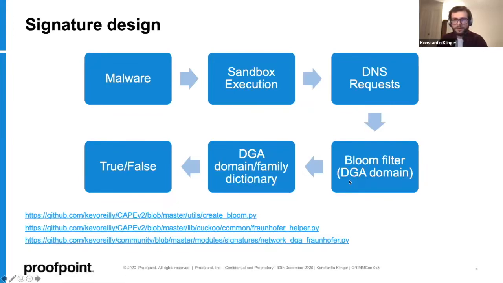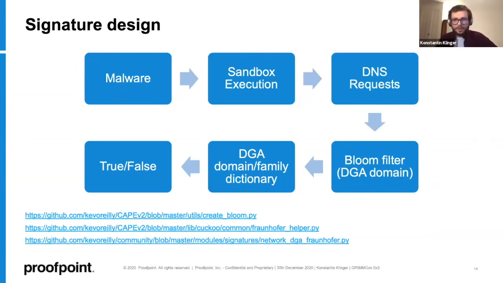One thing to notice is that we only know at this point that the domain may be a DGA domain, but we are not sure, because it's also in the nature of the Bloom filter that we could have a false positive. The second lookup is that we check the hits against the dictionary that has been loaded into memory when reloading the sandbox once a day or once an hour with new signatures.